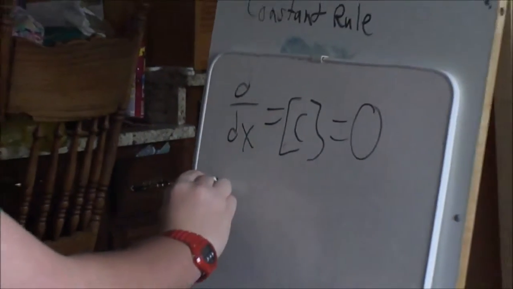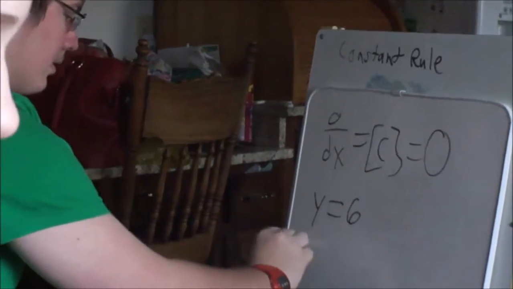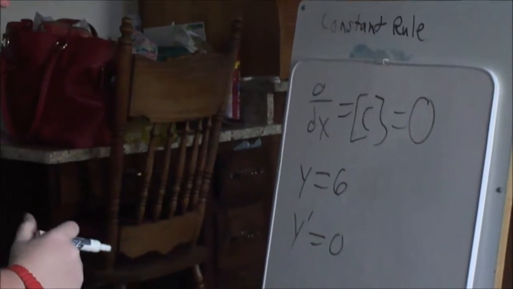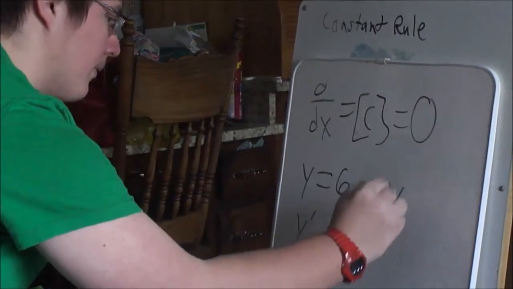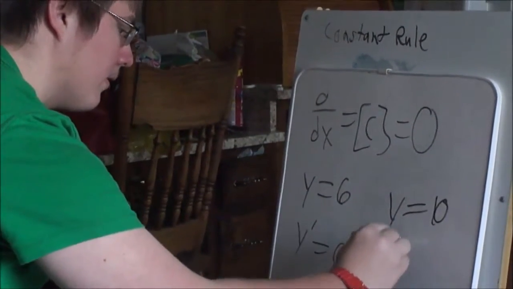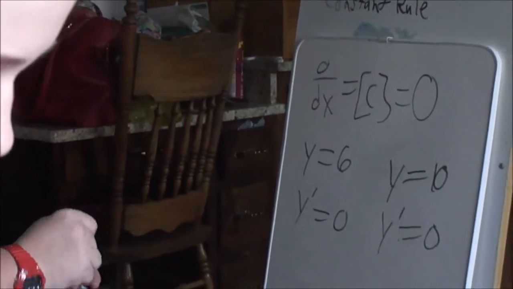Which means that if y equals 6, then the derivative of y will equal 0. And if y equals 10, then the derivative of y will equal 0. So any real number's derivative will equal 0.